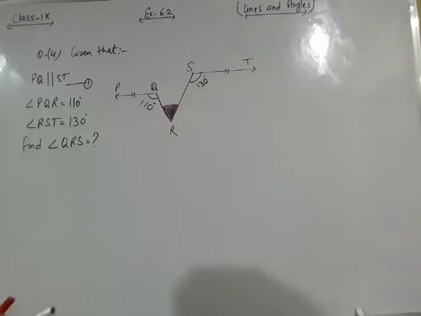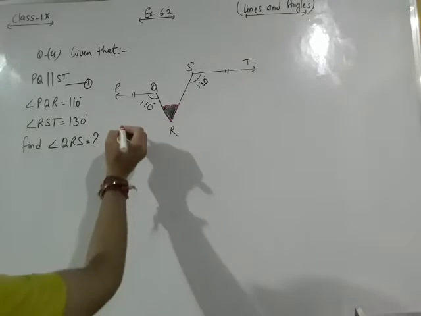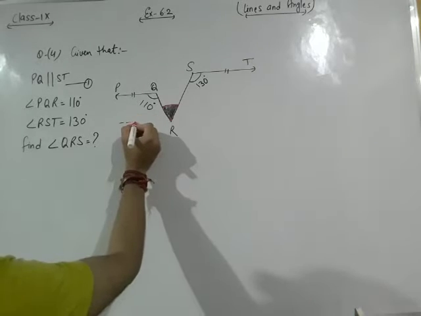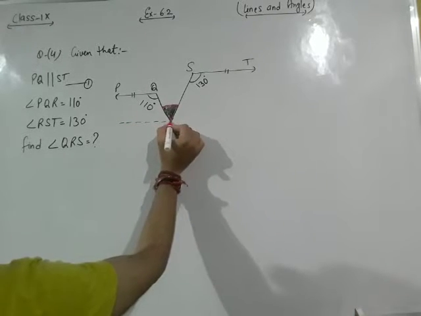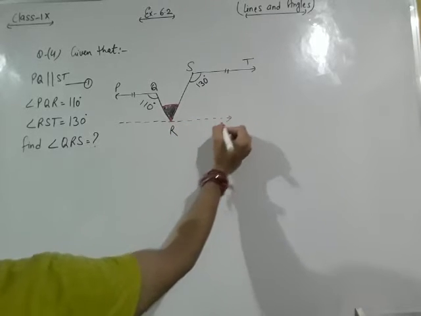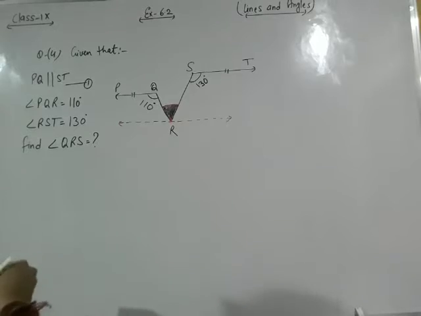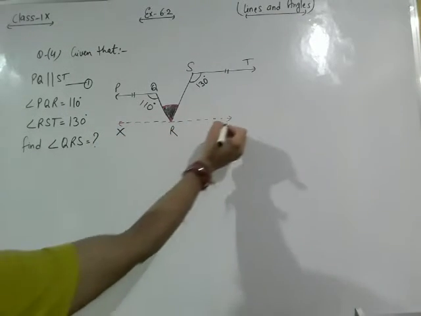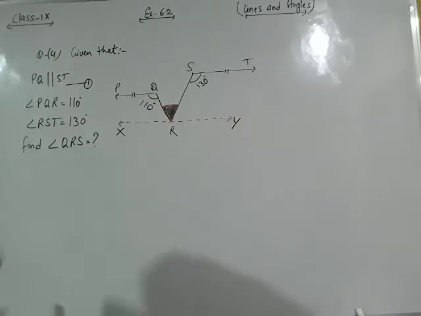We have to draw a line through the point R, which will be parallel to any of the lines, either PQ or ST. It is not necessary that we have to draw a line parallel to ST, right? Here suppose I have drawn a line XY which is parallel to PQ. Even then we can solve the question.